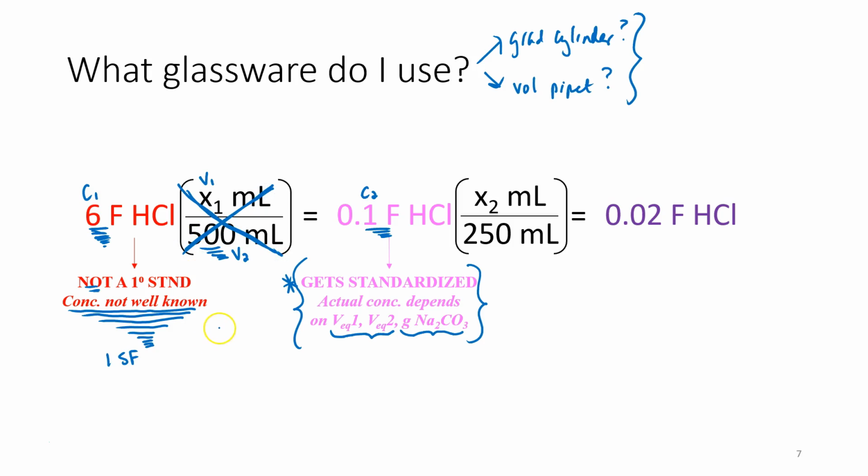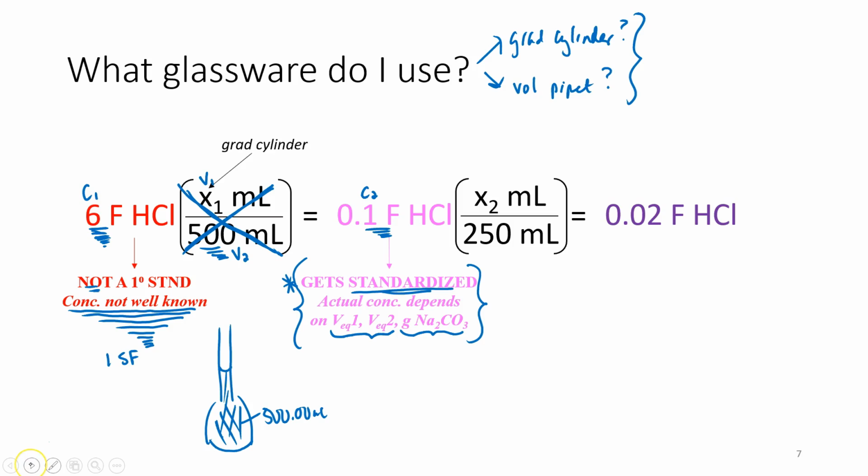So this is the one time in Quant Lab if you're preparing the solution in a 500 mL flask and you dilute it over the mark, it doesn't matter because you're going to standardize it anyway. So whatever you get for V1 here, just use a graduated cylinder because you don't need that level of precision. The actual concentration is going to be calculated from your titration curve.